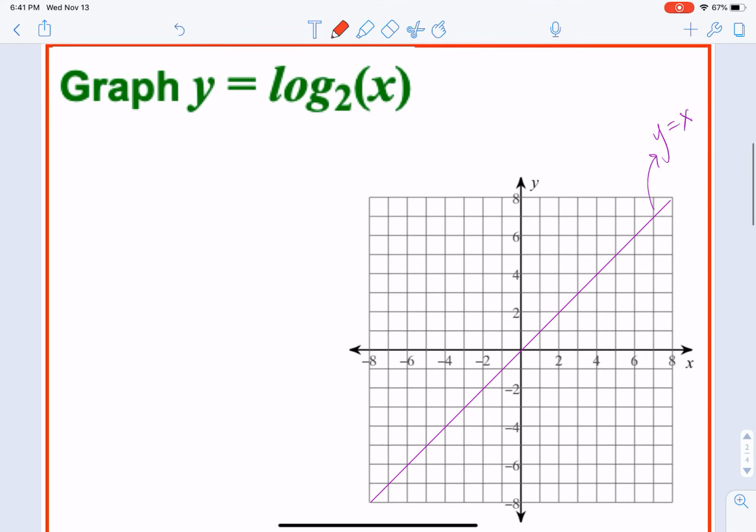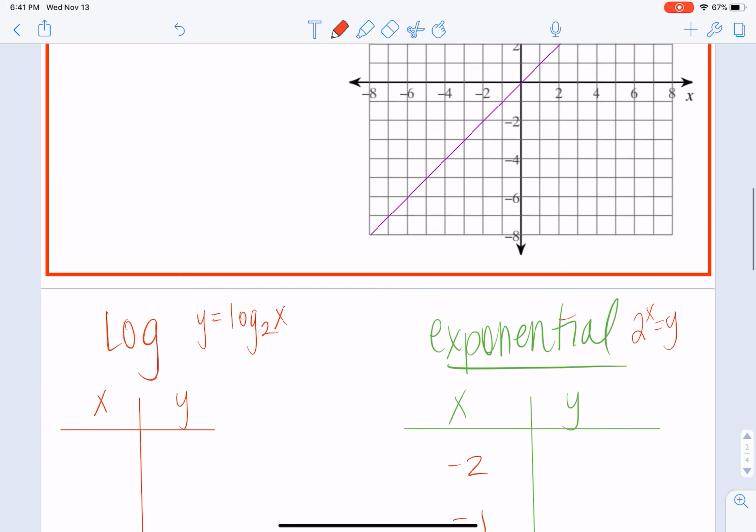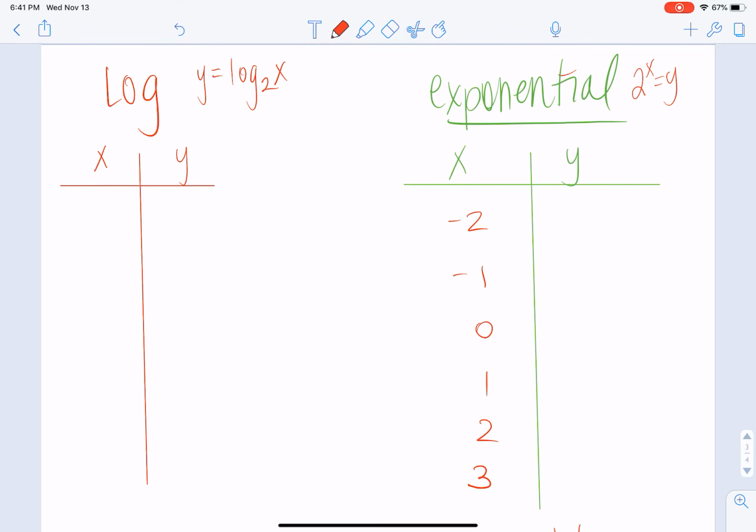So here, if I want to graph y equals log base 2 of x, and I want to figure out what this looks like on my graph, I want to look at the relationship between logarithms and exponential functions. If I have log base 2 of x, that's the same thing as 2 to the y is equal to x.